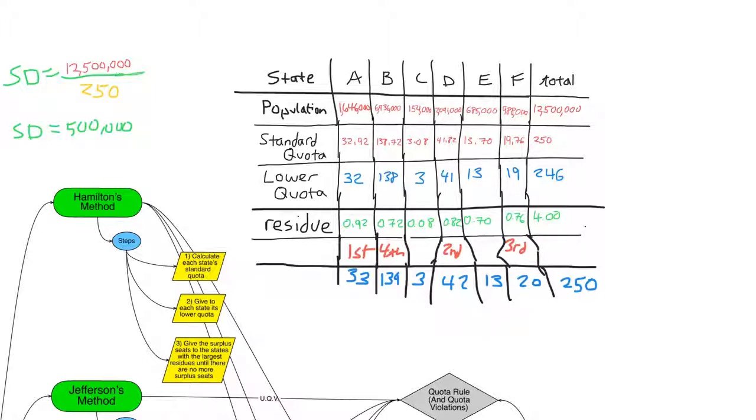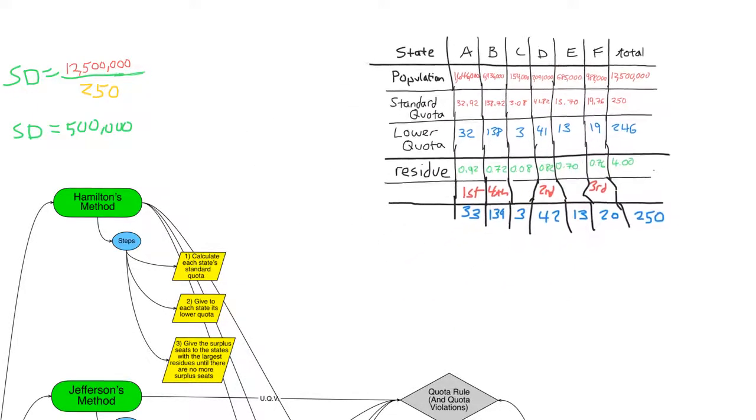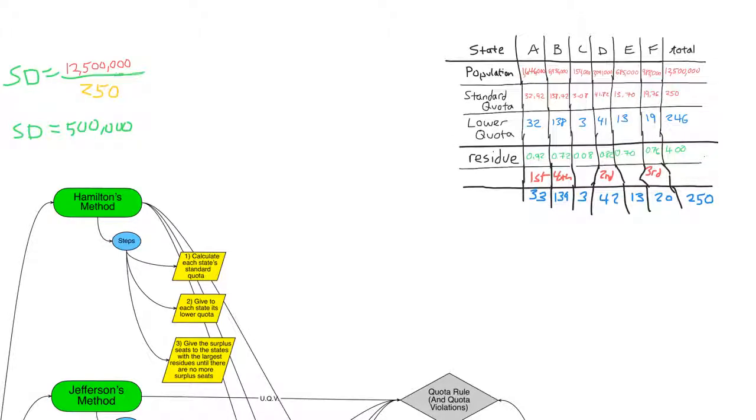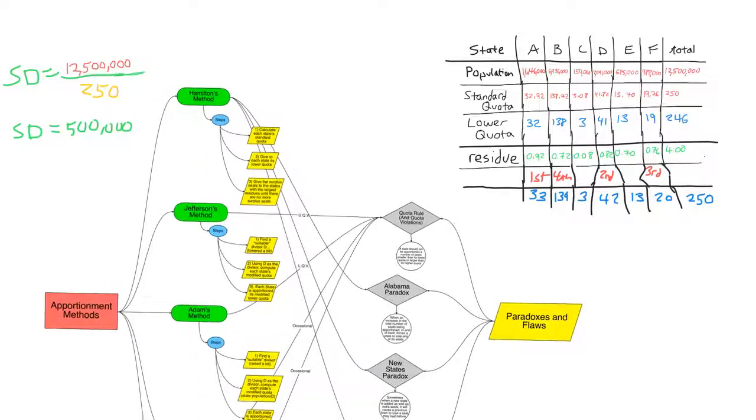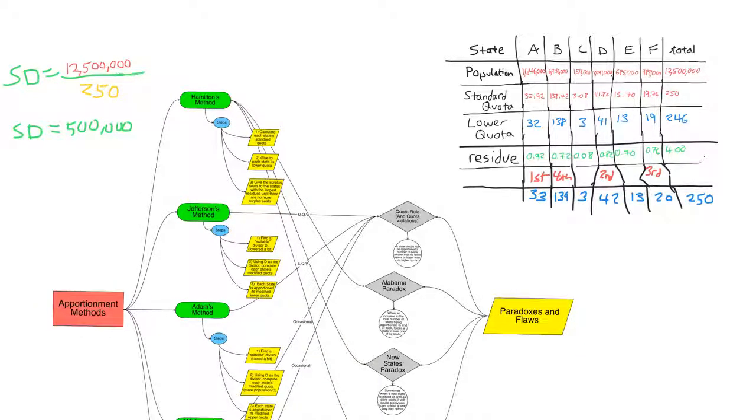Now, similar to the mathematics of voting, the mathematics of apportionment is fraught with problems. There is no perfect method of apportionment in general, and I don't want to get too much into the details of the various flaws of apportionment.